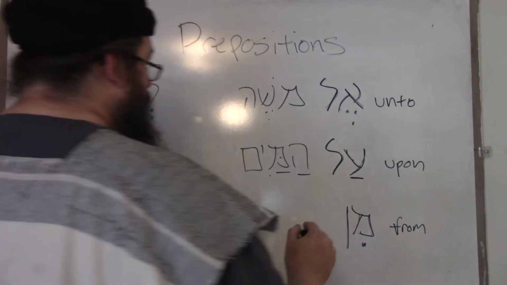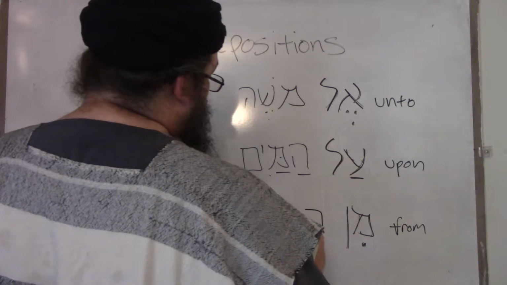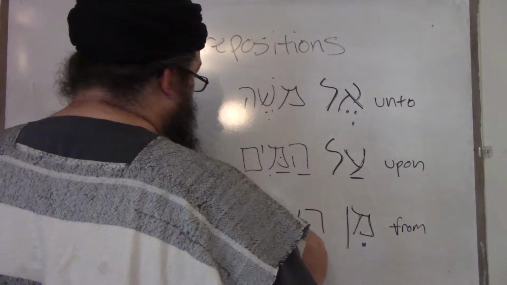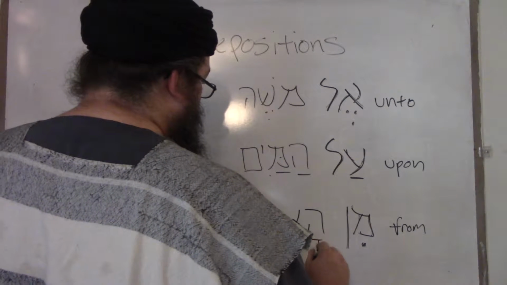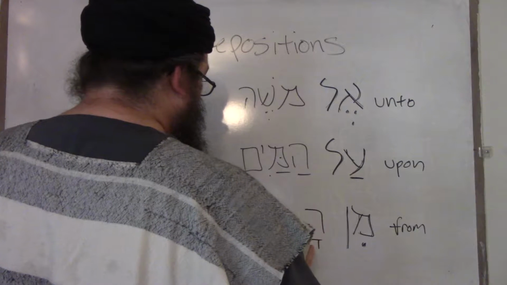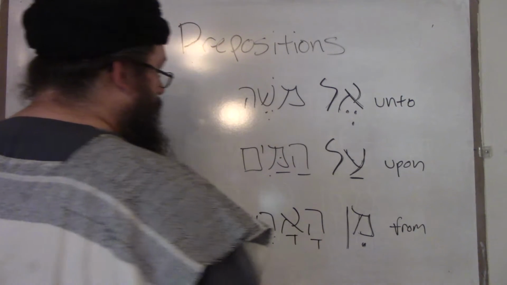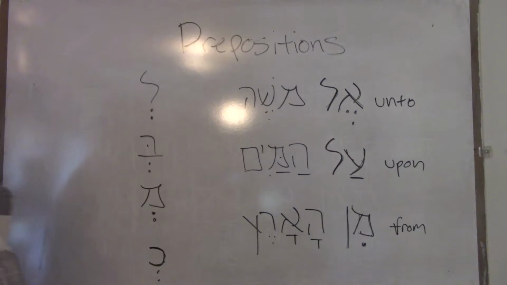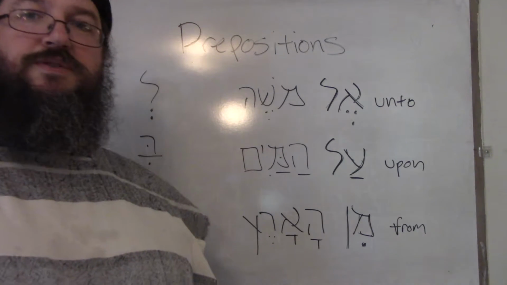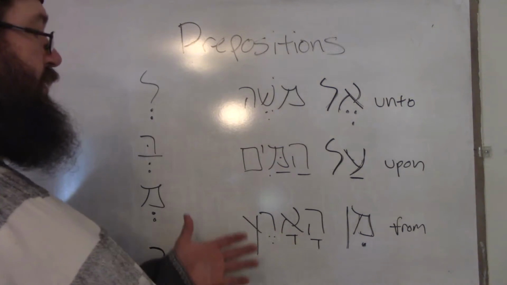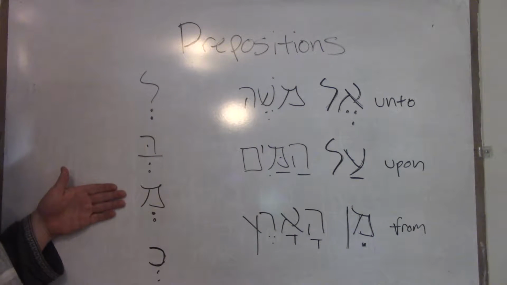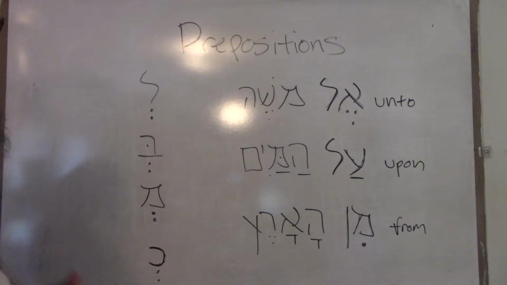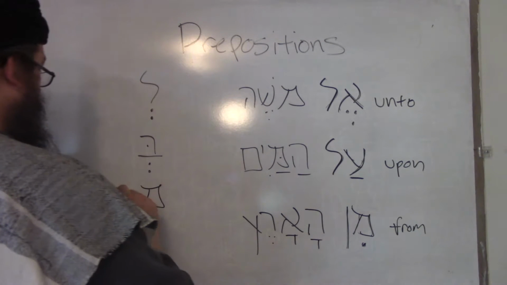And min only has one ability: min can only be used with an indefinite noun. Whenever we see min used as an inseparable, this is only going to be used when we have a noun that is indefinite.